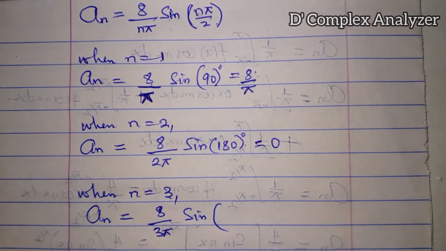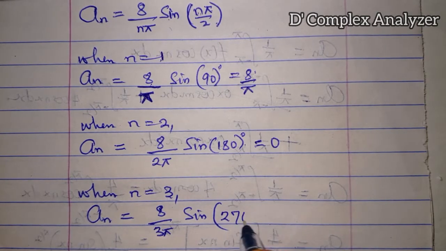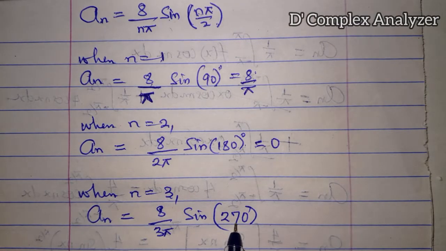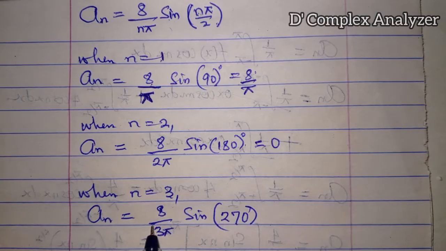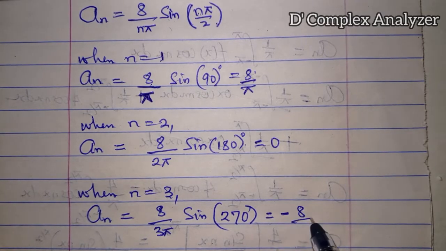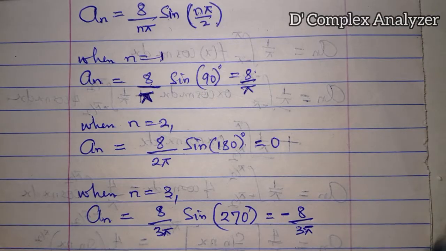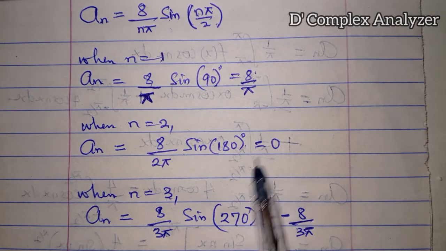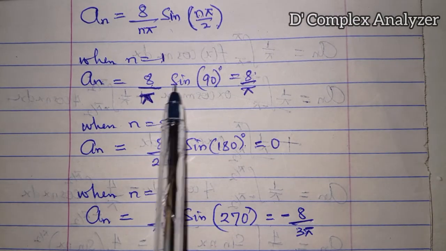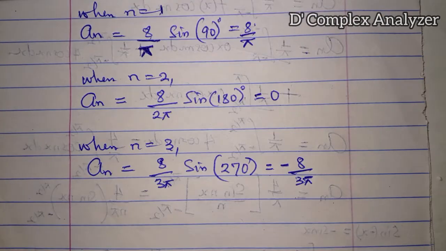That's 270, so sine 270 degrees, which is minus 1. So 8 over 3 pi times minus 1 is minus 8 all over 3 pi. You can see that we are having different values of a sub n for n equal to 1, 2, and 3. Let's proceed a little further and see what happens.